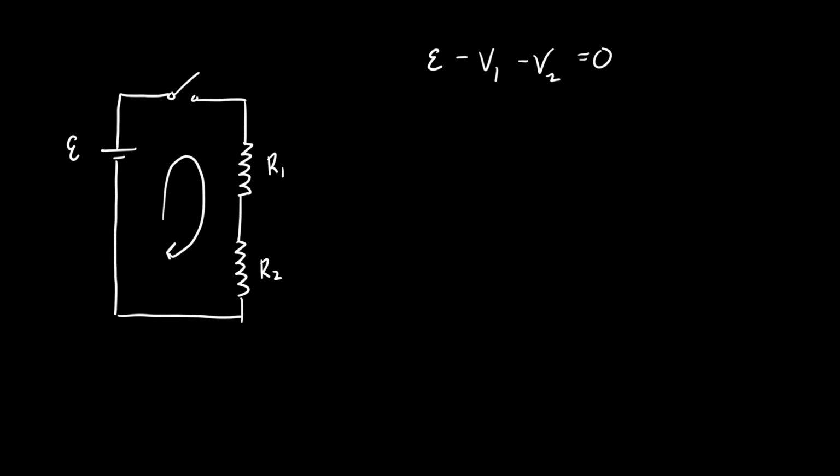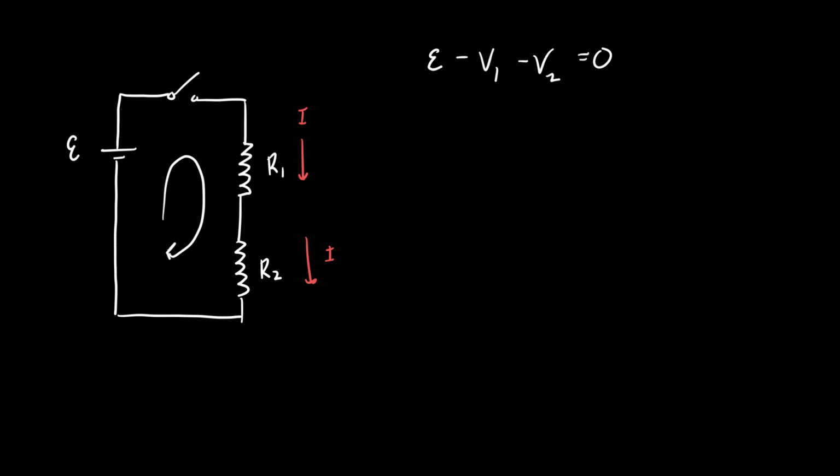Now, there is only one loop through this circuit, so the junction rule tells me that the current that passes through resistor 1 and the current that passes through resistor 2 have to be the same. Since there's no junction, there's no other places for the charges to go. So current in equaling current out means the current into resistor 1 has to equal the current into resistor 2.